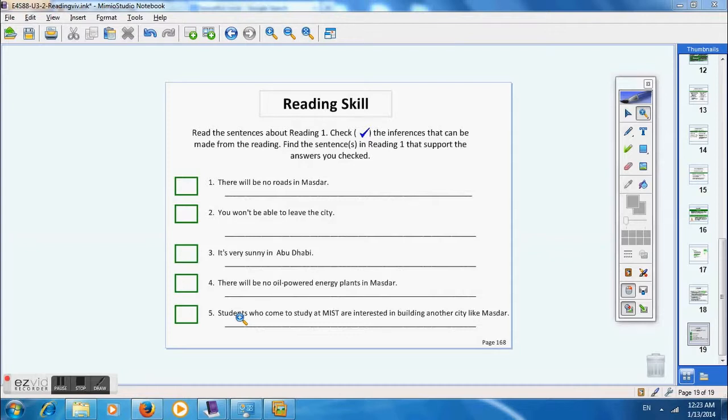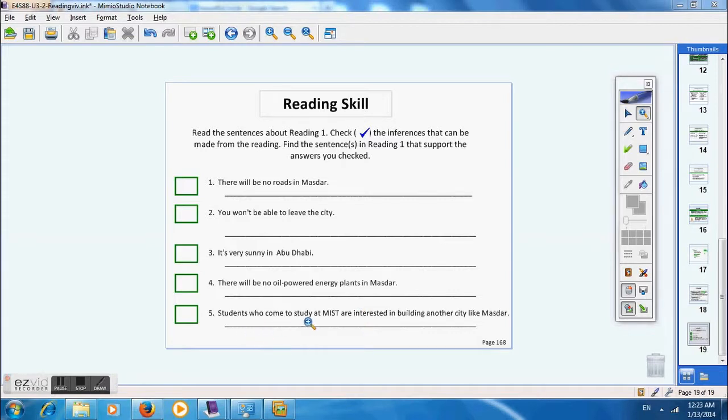Reading skill. Read the sentences about reading 1 and check the inferences that can be made from the reading. Find the sentences in reading 1 that support the answers you check. 1. There will be no roads in Masdar. 2. You won't be able to leave the city. 3. It's very sunny in Abu Dhabi. 4. There will be no oil-powered energy plants in Masdar. 5.